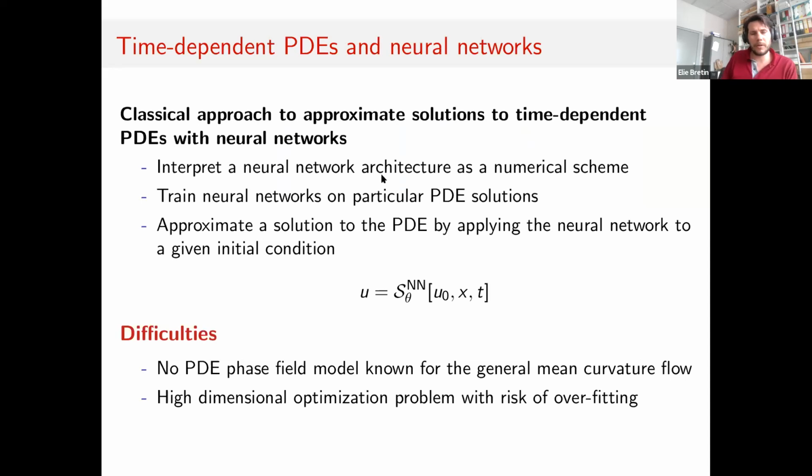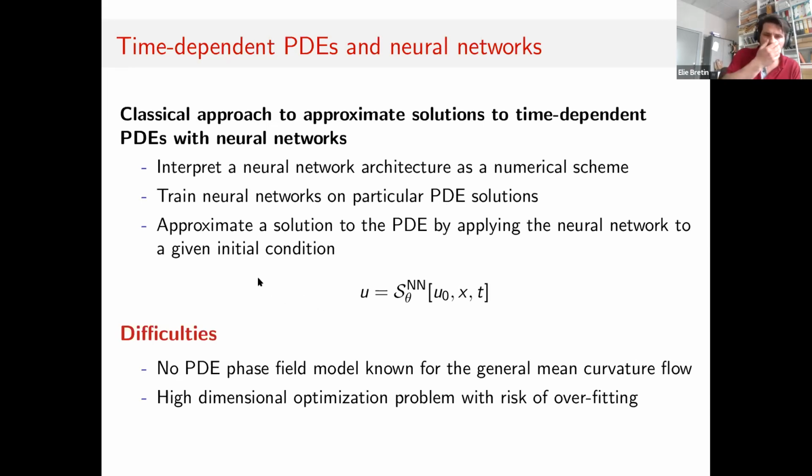So the point is that there is a lot of work which shows that neural networks are very nice tools to approximate PDEs. And in general, the idea is to interpret the neural network architecture as a numerical scheme, and to train the neural network, that is, optimize its parameters by observing a lot of PDE solutions.